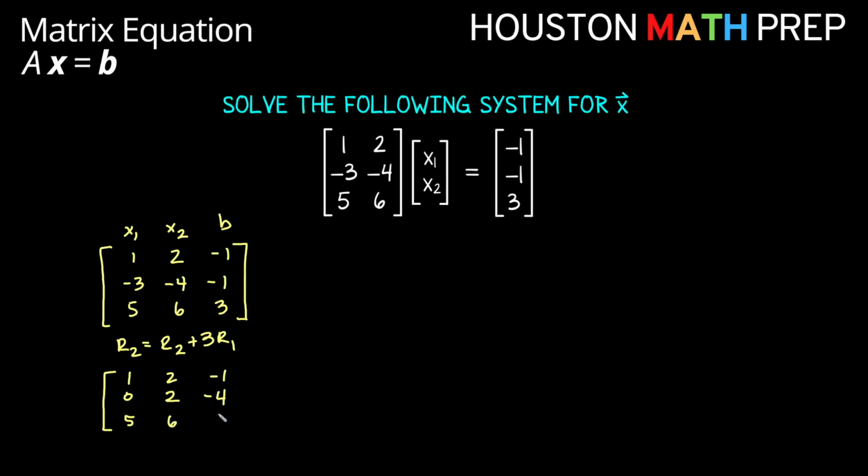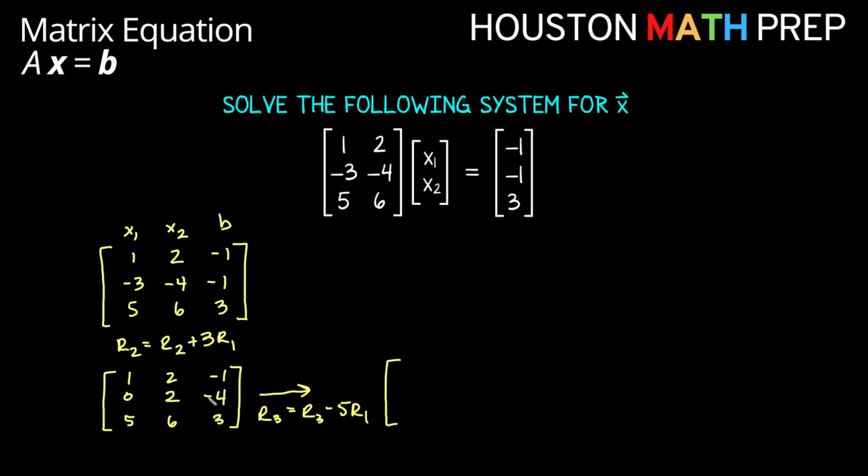And then what we'll need to do is think about getting a 0 where this 5 is. So what we'll do next, off to the side here, we will go ahead and change row 3. We're going to change it by subtracting 5 copies of this 1 from it. So it'll be row 3 minus 5 copies of row 1.